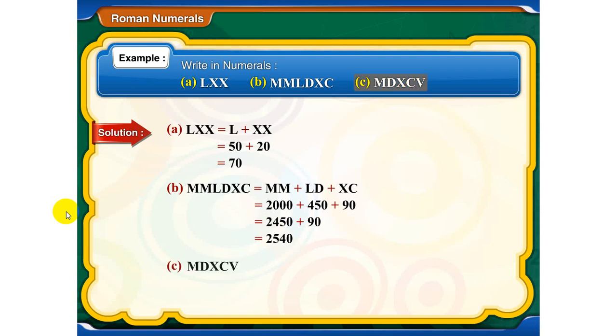C. MDXCV is equal to M plus D plus XCV. That is equal to 1000 plus 500 plus 95, which is equal to 1595.